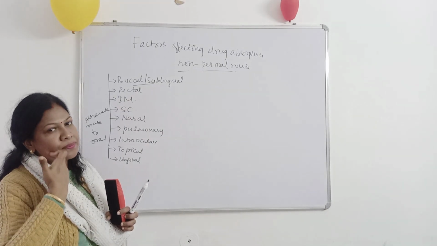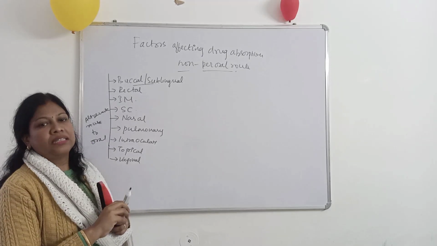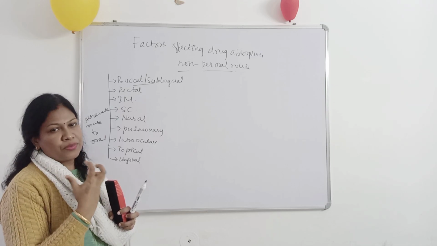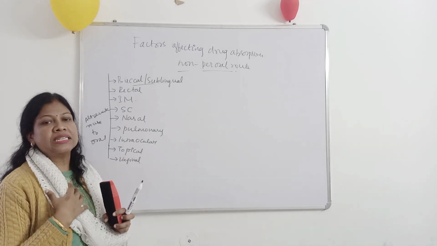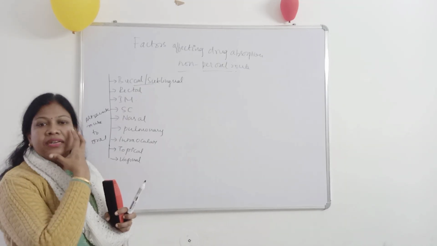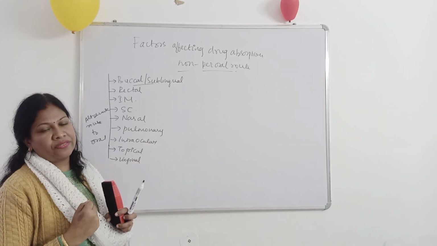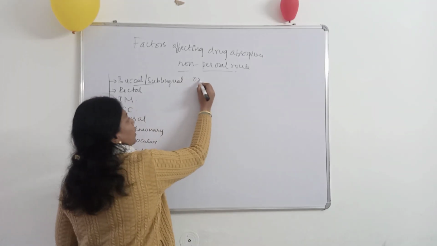Buccal means between the cheeks, and sublingual means beneath the tongue. Both use oral mucosa for drug absorption. We don't swallow the drug into the stomach, but the drug absorption takes place from the oral cavity itself, in the oral mucosa.